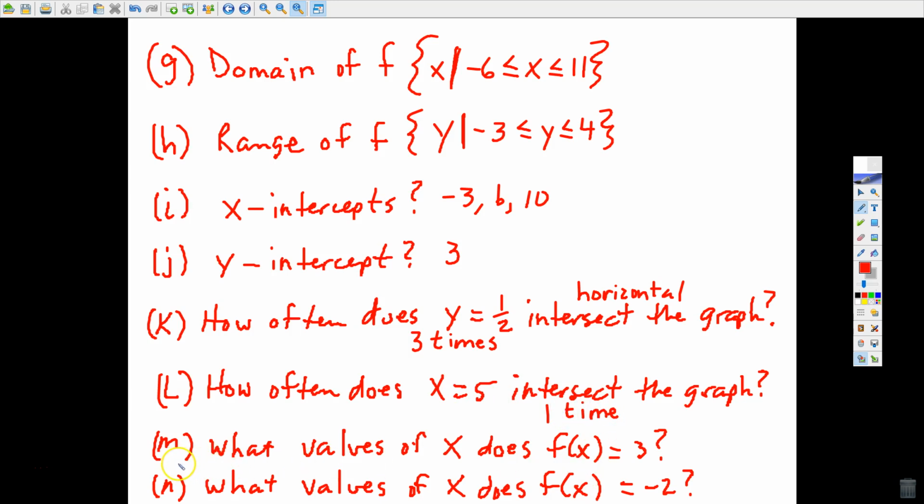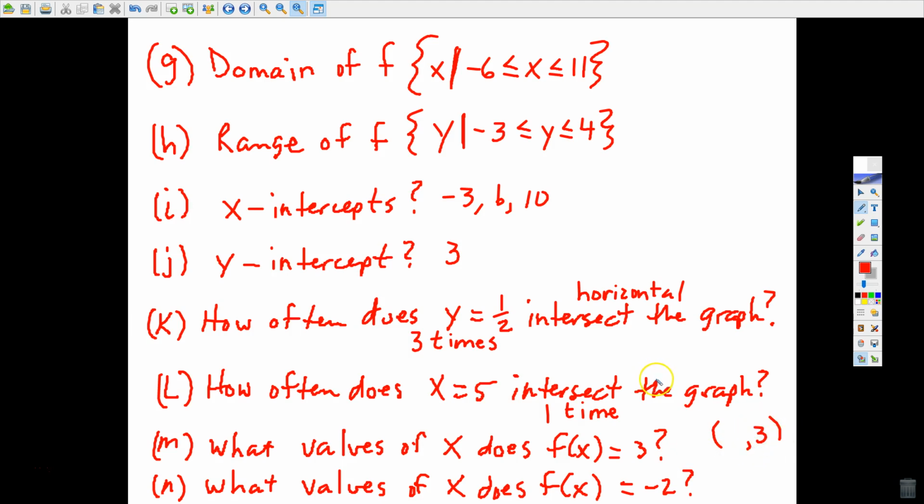Okay, we're down to letter M, almost finished with this problem. For what values of x does f of x equal 3? Another way of saying that, f of x equals 3 means we have an ordered pair where the y value is 3.